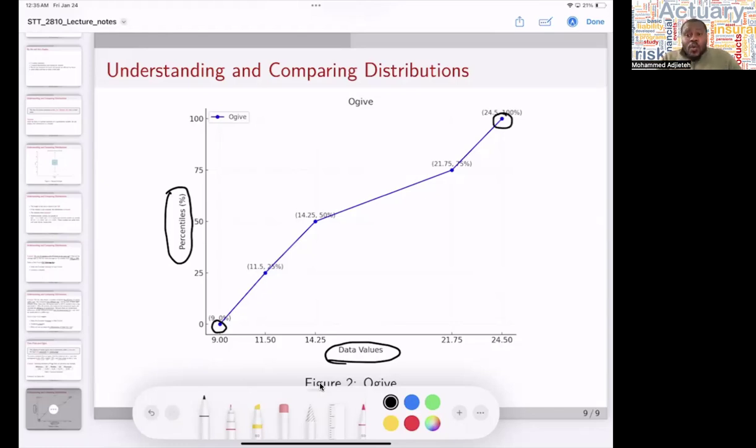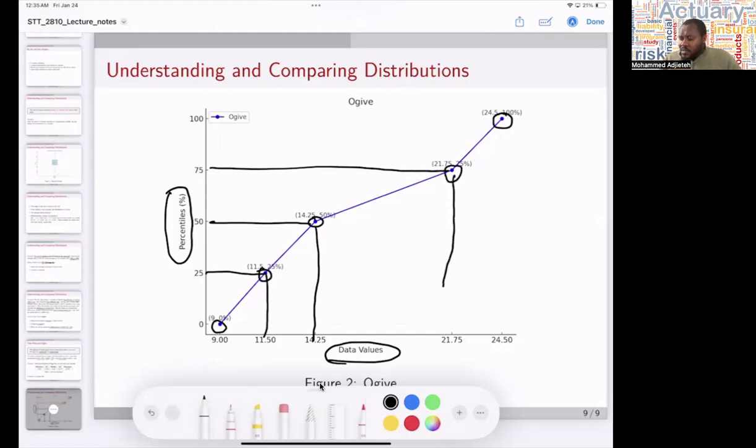The Q1 is the same as the 25th percentile. The 50th percentile is the same as the median. And then the 75th percentile is the same as the upper quartile. You see, and you trace it. So this is how to construct the ogive.